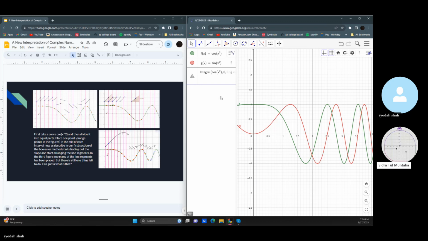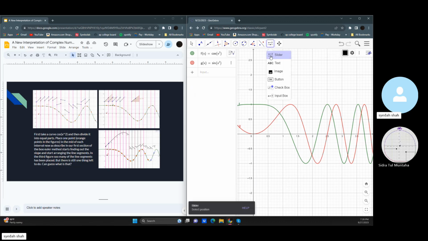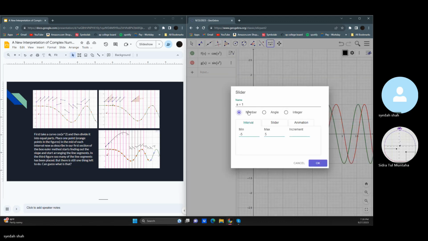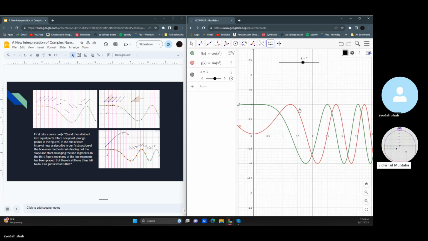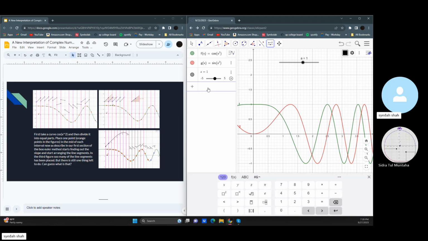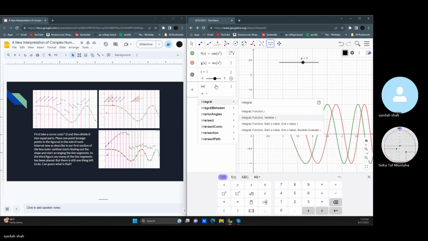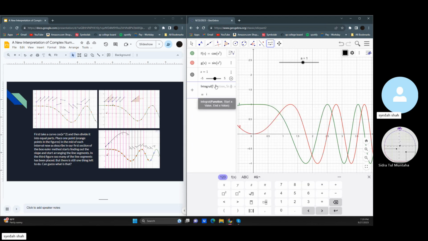Let's make the slider. Oh, okay, right. And the range is fine.